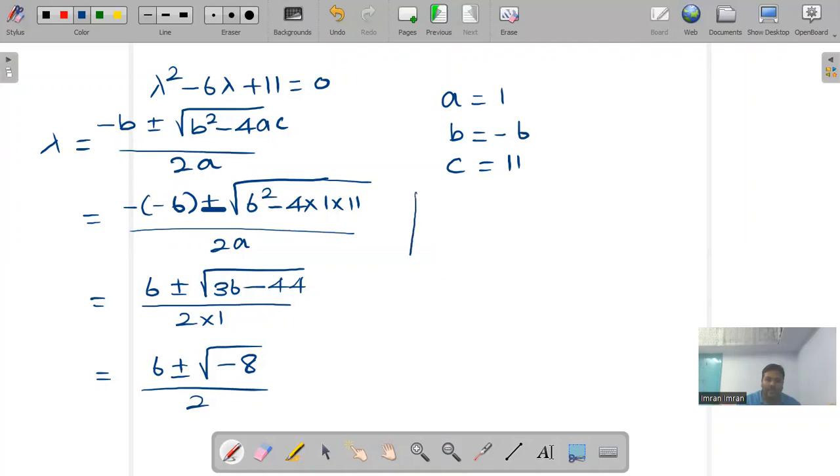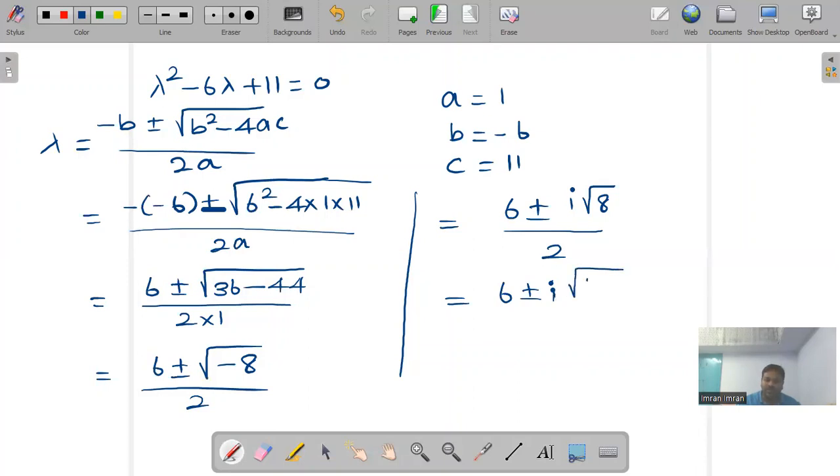Now, these can be simplified into 6 plus or minus i into square root of 8, whole thing divided by 2. Now 6 plus or minus i into square root of 2 into 4, whole thing divided by 2. Further simplified into square root of 2 into root 2.